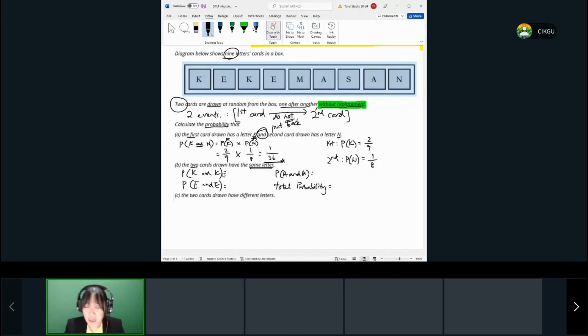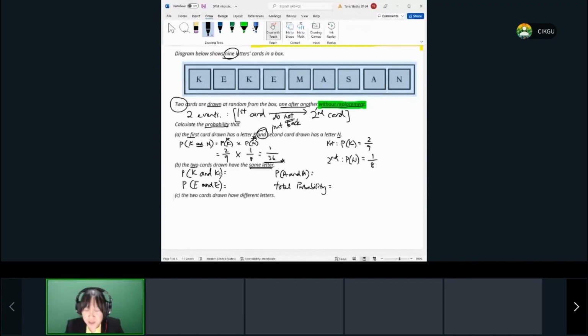Guys, if you ever feel confused, this is the best way: list down all the possible cases. Yes, I have done probability questions for so many years, and I personally still list them down. I never try to do mental calculation for probability.